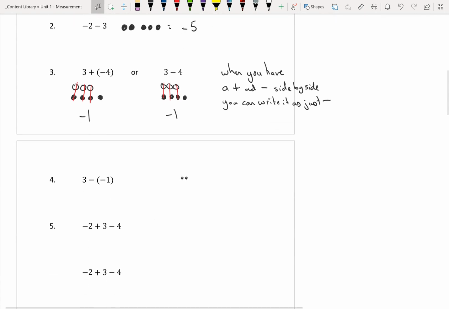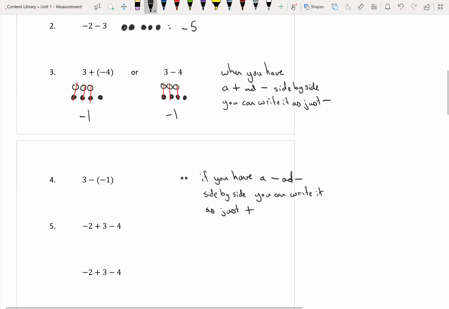Example 4, 3 minus -1. So something similar to our last question where we had a plus and a minus side by side. So if you have a minus and minus side by side, you can write it as just a positive.